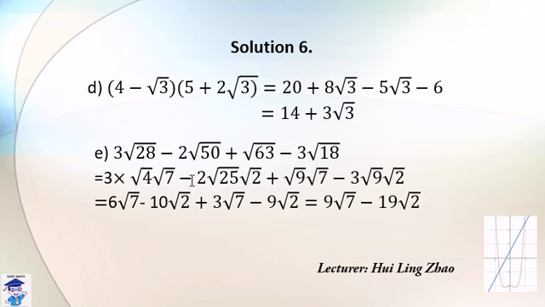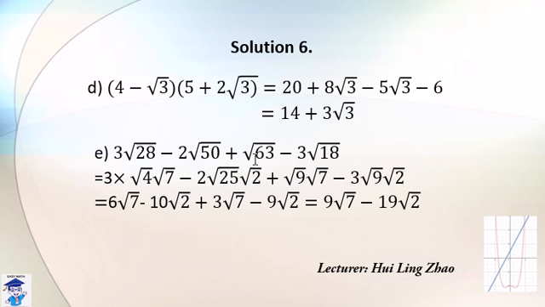The last question. 28 equals 4 times 7, and the square root of 28 equals the square root of 4 times the square root of 7. And 50 equals 25 times 2, so separate it into the square root of 25 times the square root of 2.